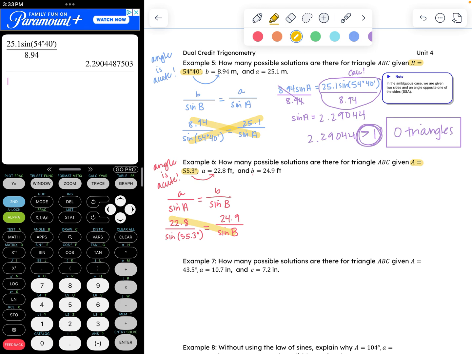Once again, I'm going to cross multiply. So when I do that, it gets me 22.8 sine of B is equal to 24.9 sine of 55.3 degrees. I'm going to divide both sides by 22.8.